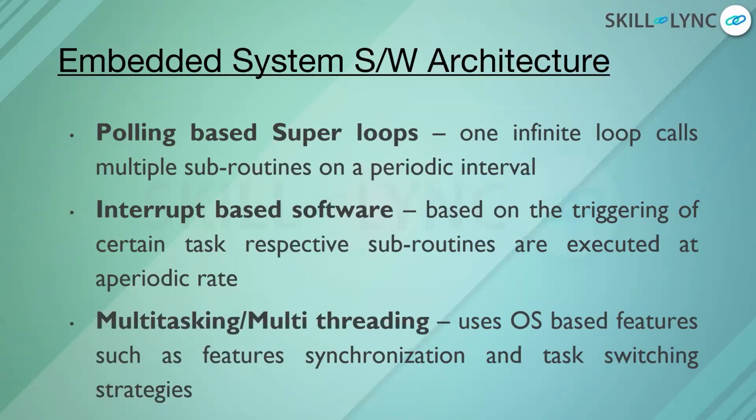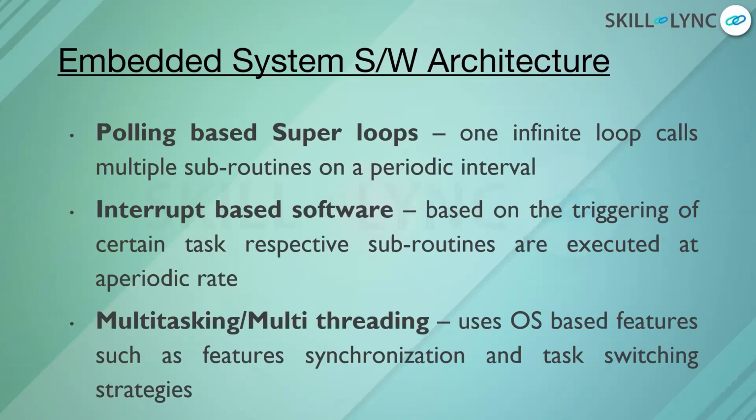Now we'll go one level deeper into how the software architecture of a typical embedded system will look. We have polling-based super loops, which is very common, which means there would be one infinite loop that is continuously running once you power on your embedded system.